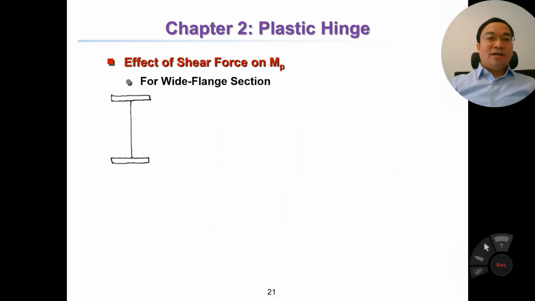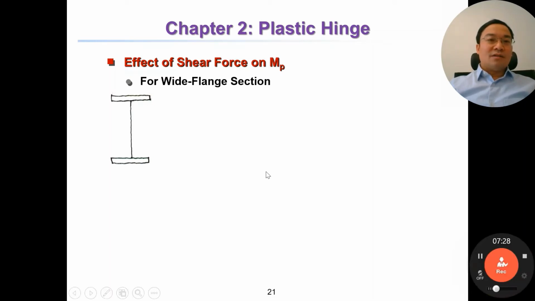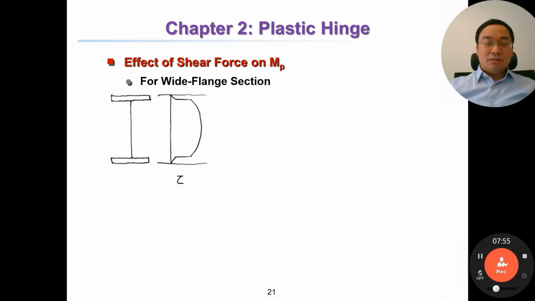For the I flange section, this is the actual shear stress diagram. It is not a rectangular shape, but a nonlinear curve.